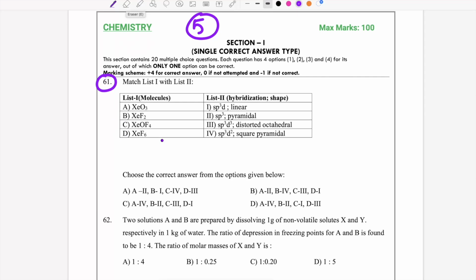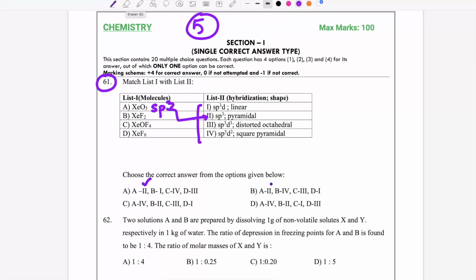All are the xenon compounds, and we have to link them with the hybridizations. All the hybridizations are different, so the easier one first. We know that XeO3 has its sp3 hybridized state, so A matches with the second option.